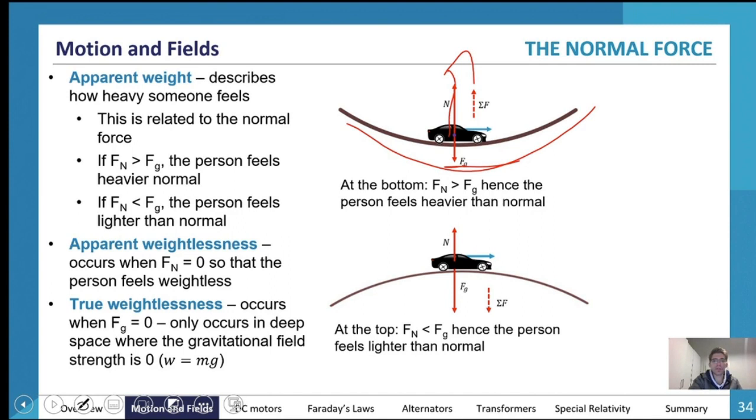Then at the top of a circle, the normal force is smaller than the weight force, therefore you feel lighter than usual, because usually the normal force is equal to the weight force. So that's what apparent weight is. Therefore, apparent weightlessness occurs when the normal force for a split second is equal to 0. But the gravitational force is not actually 0. True weightlessness occurs when the real weight force is equal to 0.